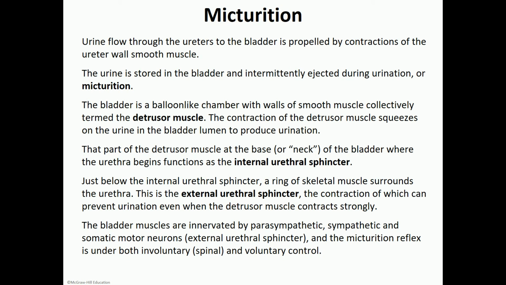So the urethra has two sphincters, one on the inside, one that is proximal, known as the internal urethral sphincter, and another distal one called the external urethral sphincter. The internal sphincter is made out of smooth muscle fibers that is under autonomic control, while the external sphincter is skeletal muscle, and that is under somatic control.